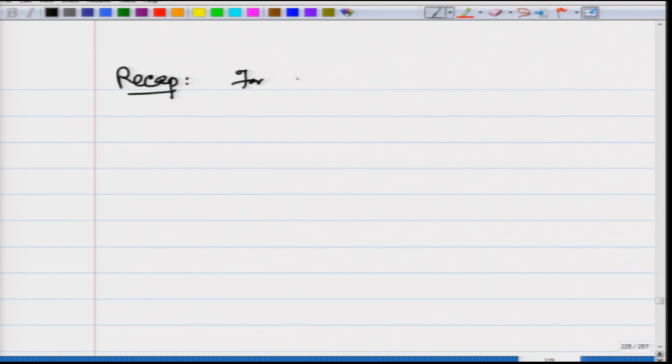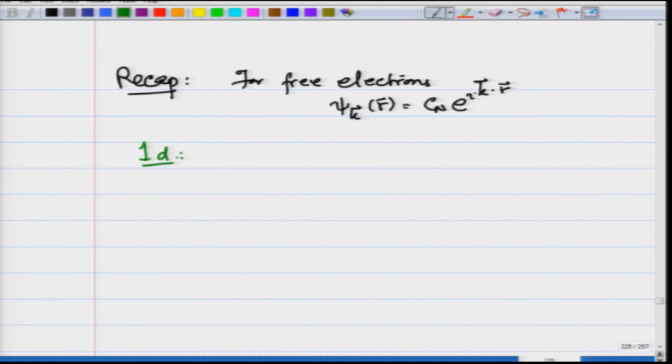For free electrons, the wave function psi k r is equal to e raised to I k dot r C n. Again, to make life easy, I will do things in 1D. The conclusions are the same. You will see later differ slightly when in 2 and 3D when we look at band diagrams, but right now 1D is sufficient.